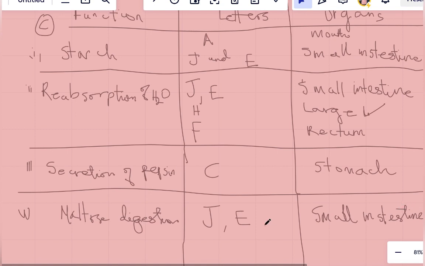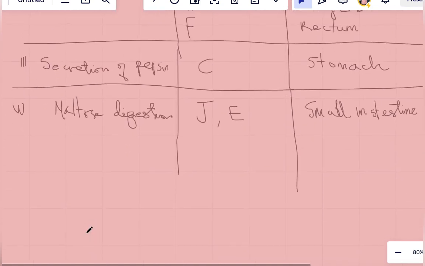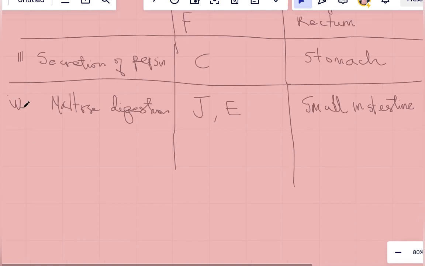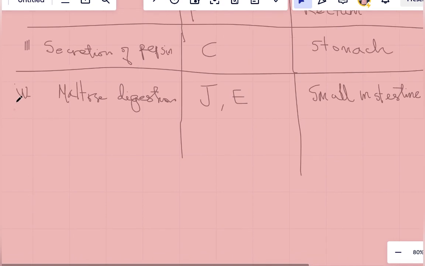Okay, so that's that for that question. Now let's move on to the next one. This is not W, this is Roman numeral 4.